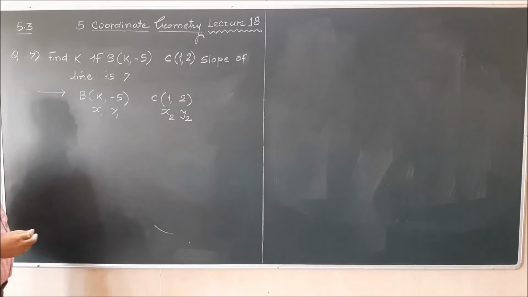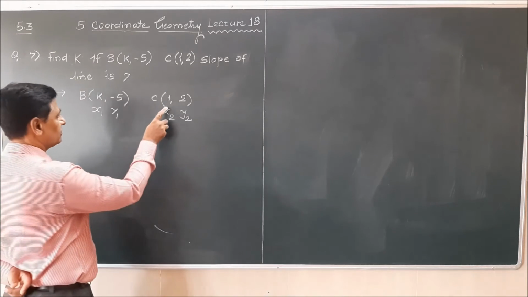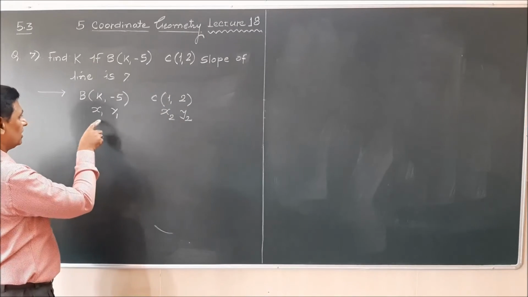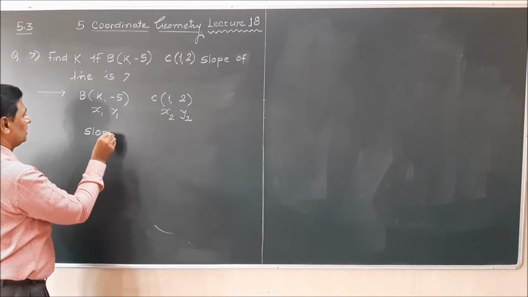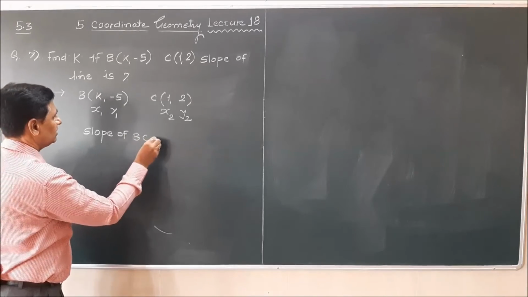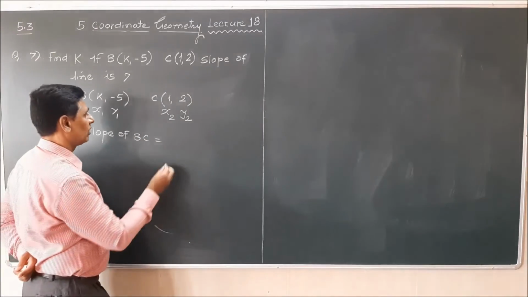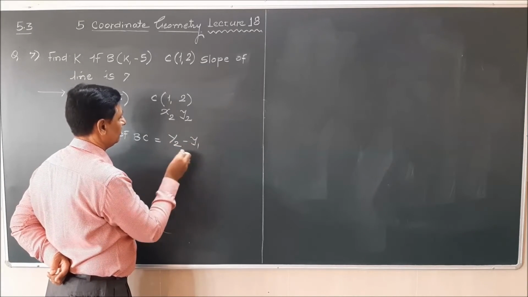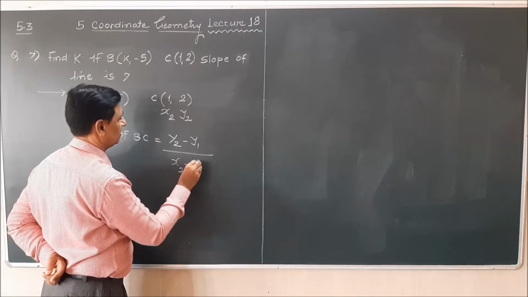So slope of BC is equal to the slope formula, y2 minus y1 upon x2 minus x1.